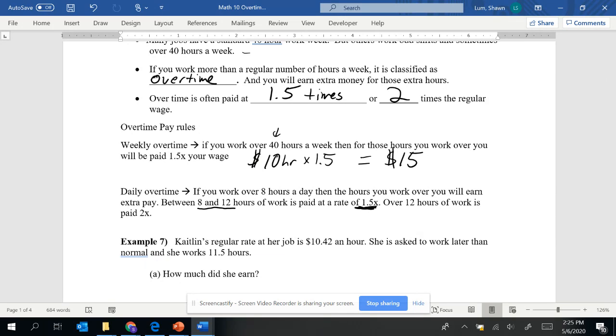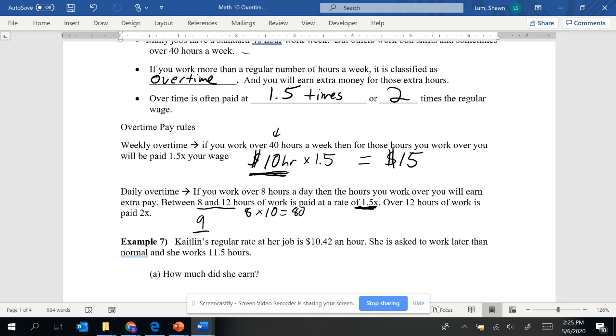So if you work 9 hours in a day, and say you're making the same wage, $10 an hour, the first 8 hours you'll make $10 an hour. So 8 times 10 is $80.